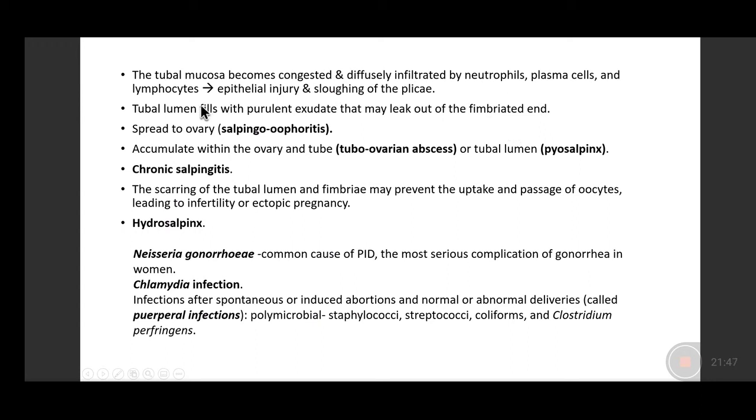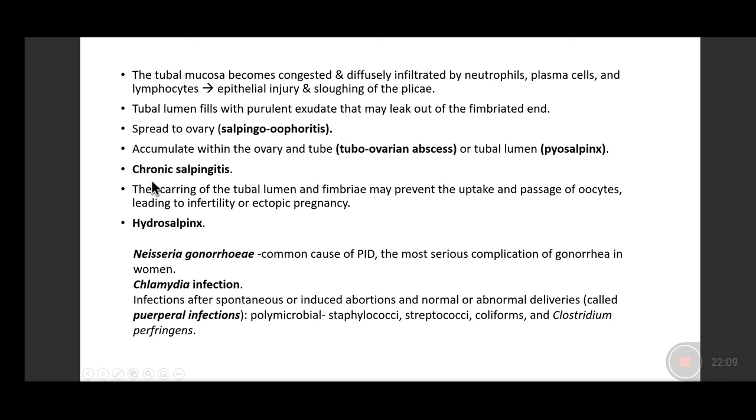And once it leaks out, it can spread to the ovary, causing salpingo-oophoritis. This exudate can also accumulate within the ovary and the tube and lead to the formation of tubo-ovarian abscesses, or it can be contained within the tubal lumen, in which case pyosalpinx can occur.